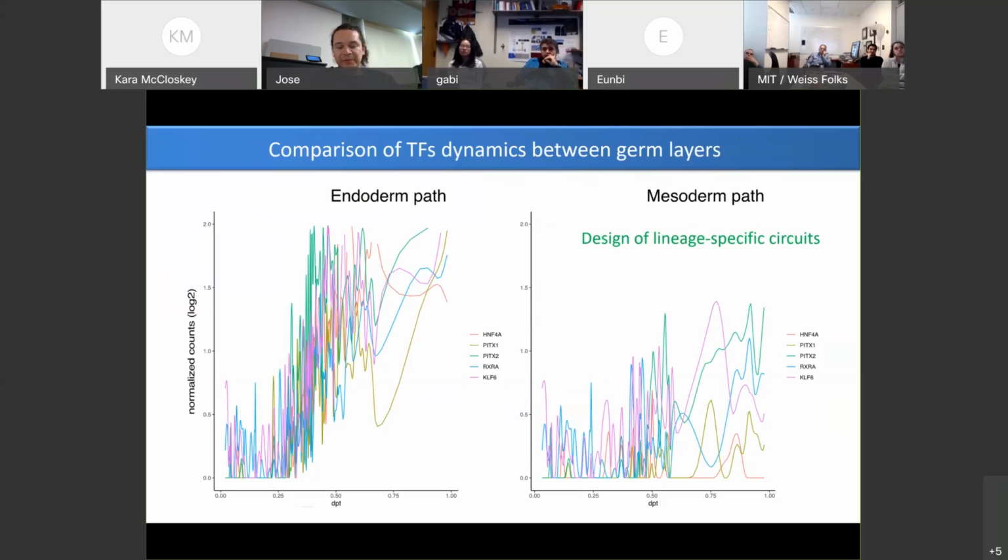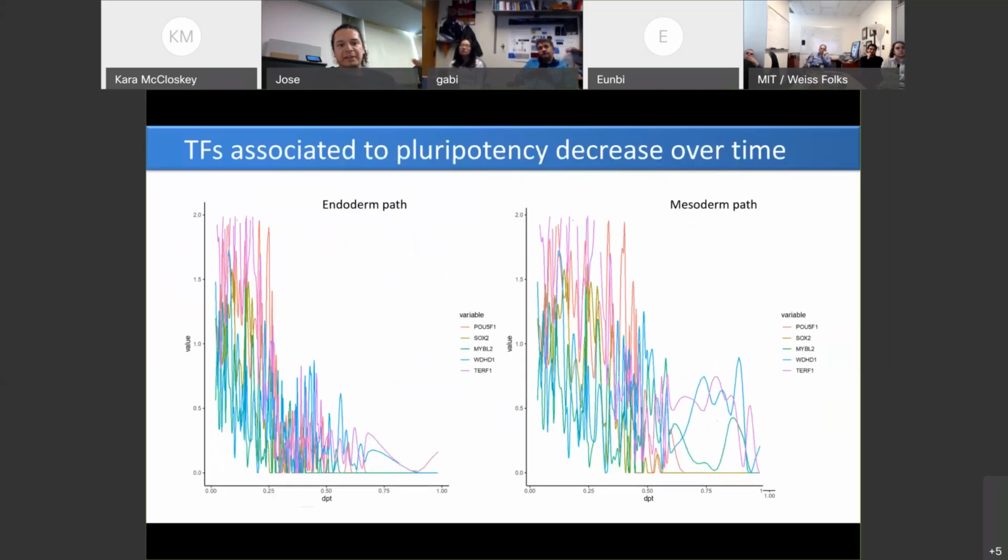Something else we can do, also for further validation, is look at the opposite trend of decreasing expression in time. The control here is OCT4, which in the databases is referred to as POU5F1, which we know is high in iPS cells, and the expression goes down as the cells differentiate.